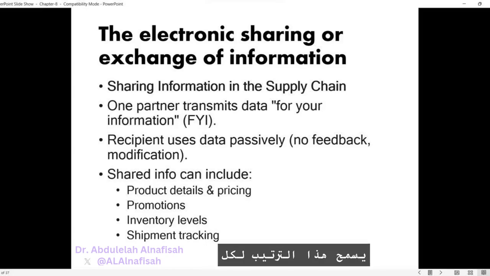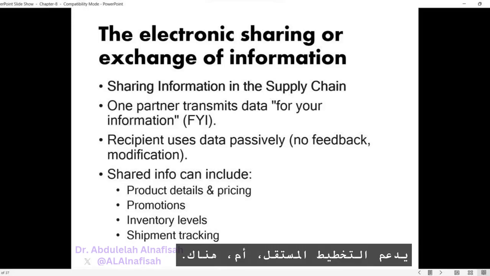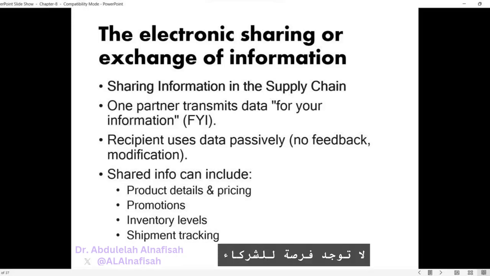This arrangement allows each partner to independently plan their activities based on the information they receive. It reduces uncertainty by making trading partners aware of each other's activities. However, this type of information sharing only supports independent planning, and there is no opportunity for trading partners to comment on or modify the plan.